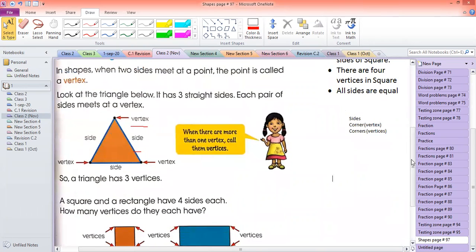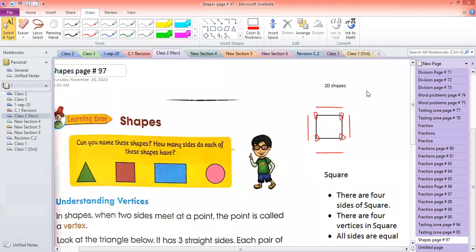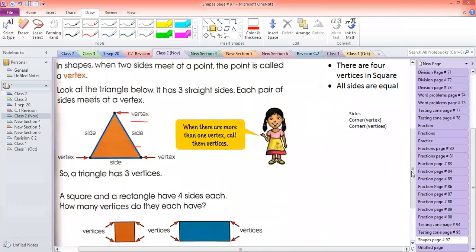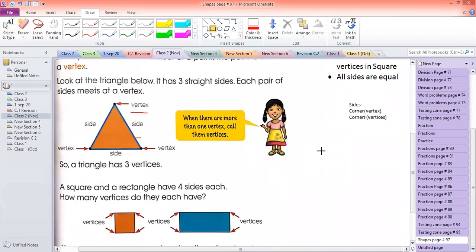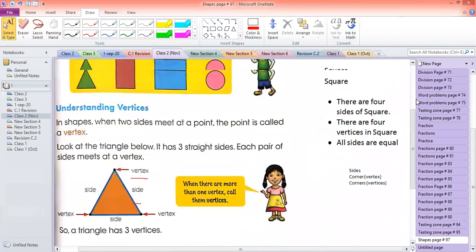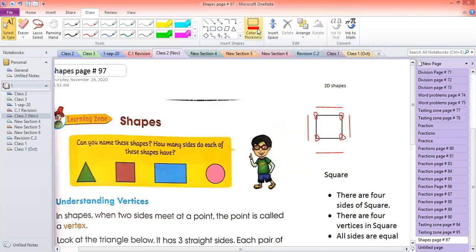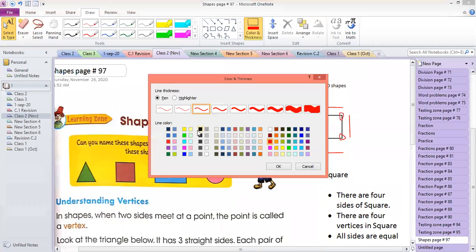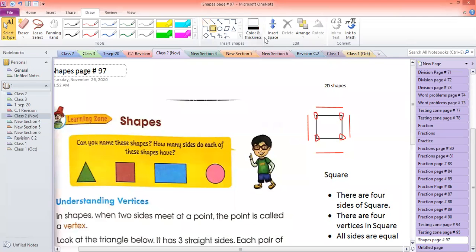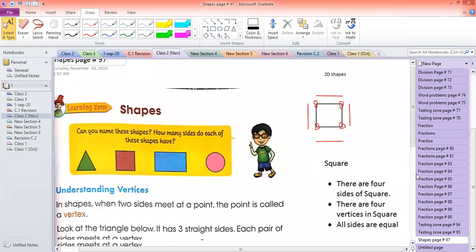Let's talk about a rectangle. If I draw a rectangle here, look here guys. I need to change to black first. Now I'm going to draw a rectangle.